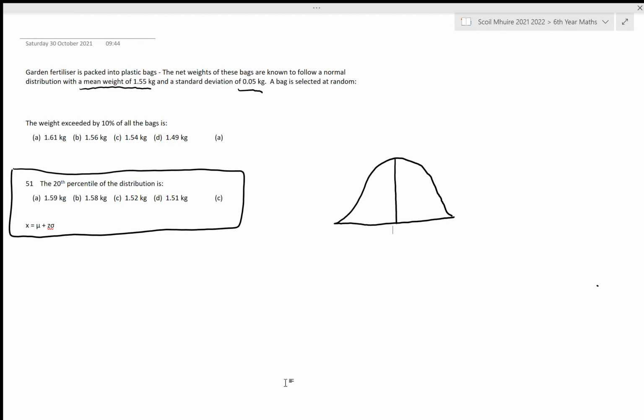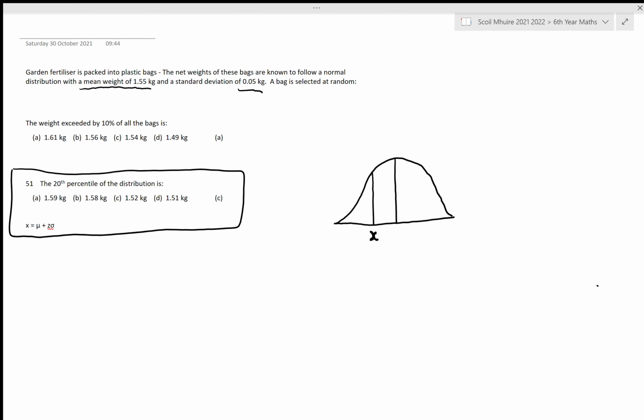So it's the percentage of people who fall below that amount. If you're looking for the 20th percentile, it is the value, the weight of your bag, in which 20% of the weights fall below that amount.